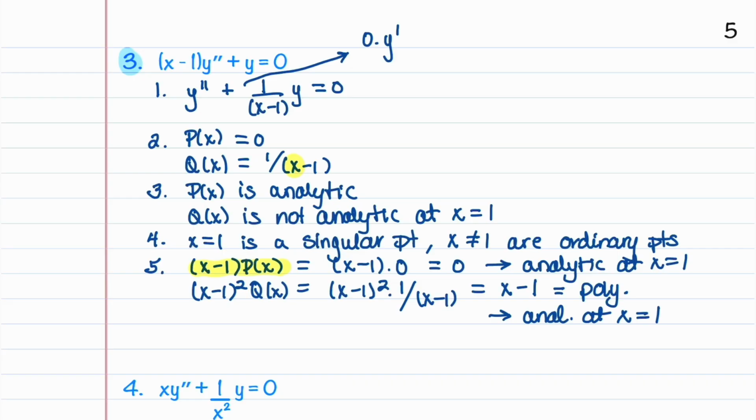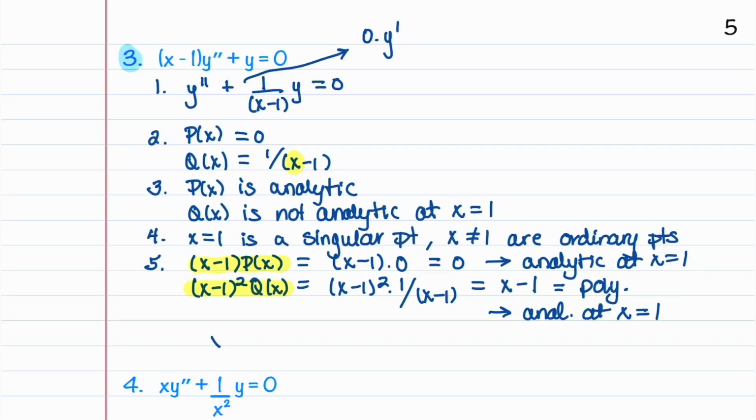Since this function and this function are analytic at the singular point x is equal to 1, we can say that x is equal to 1 is a regular singular point. So our solutions are x is equal to 1 is a regular singular point, and when x is not equal to 1, all of those points are ordinary points.